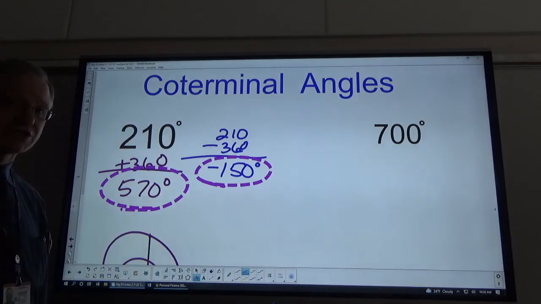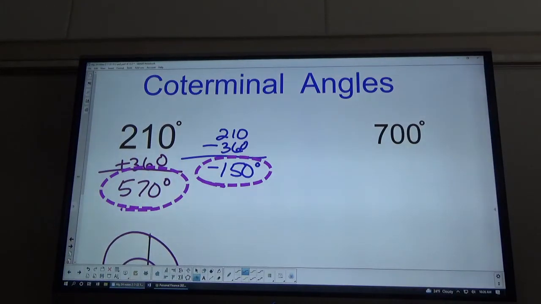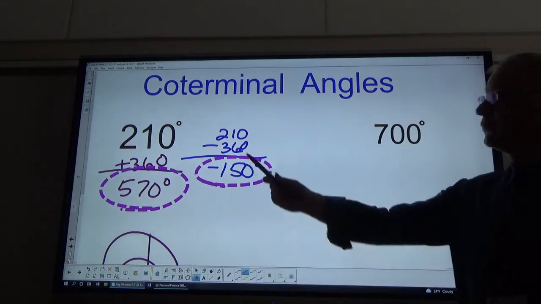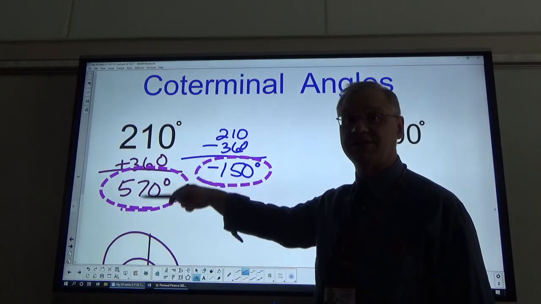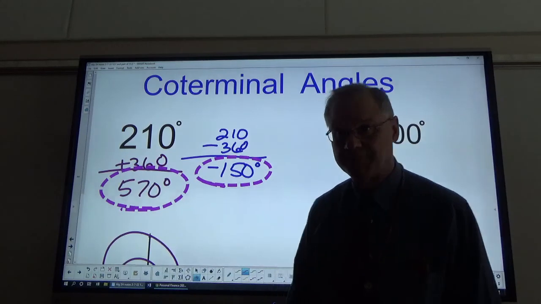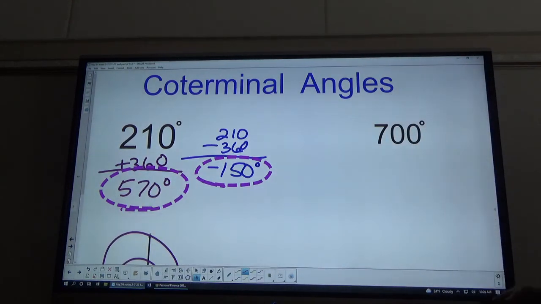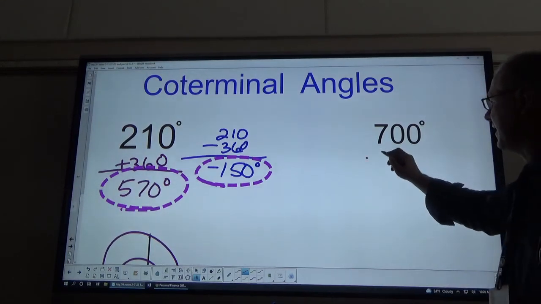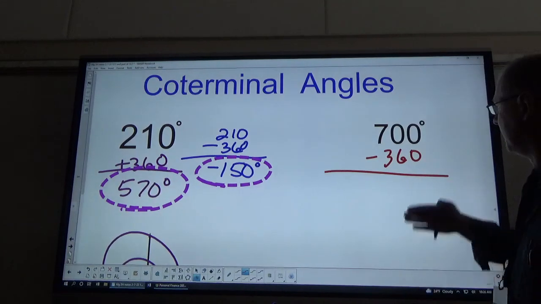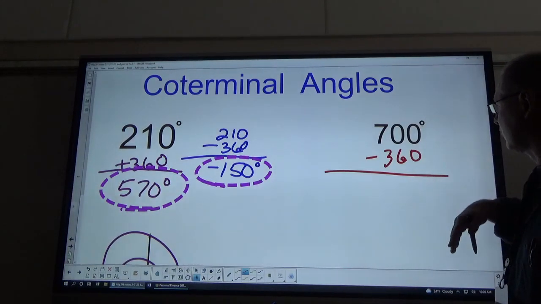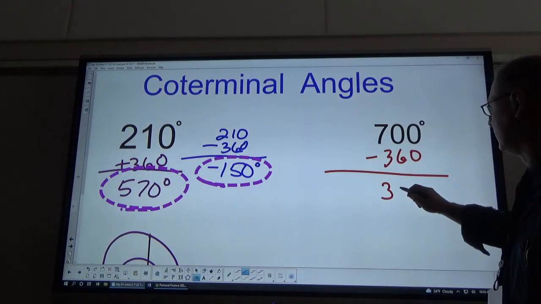All right, so for the first coterminal angle, you would think, oh, add 360, subtract 360. Well, that's great when the number is less than positive 360 but bigger than negative 360. When the number is bigger than positive 360, I'm going to actually subtract 360. That's going to give me my first one. 700 minus 360 is 340.